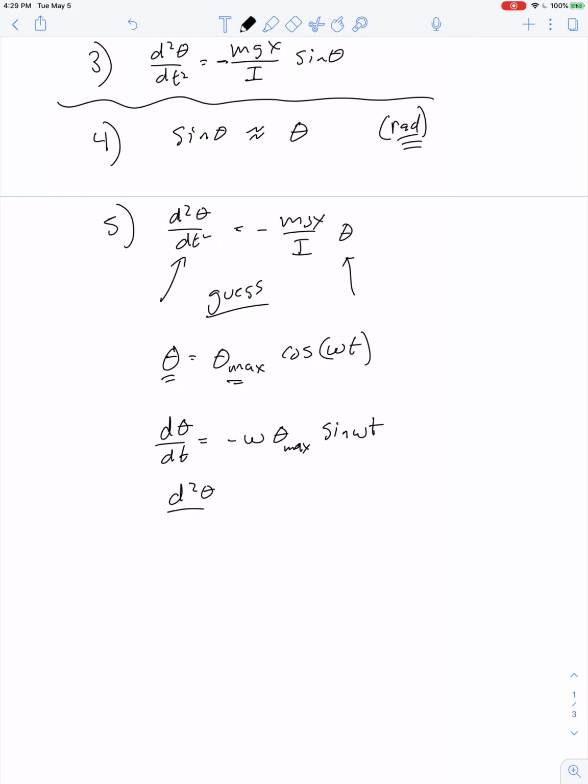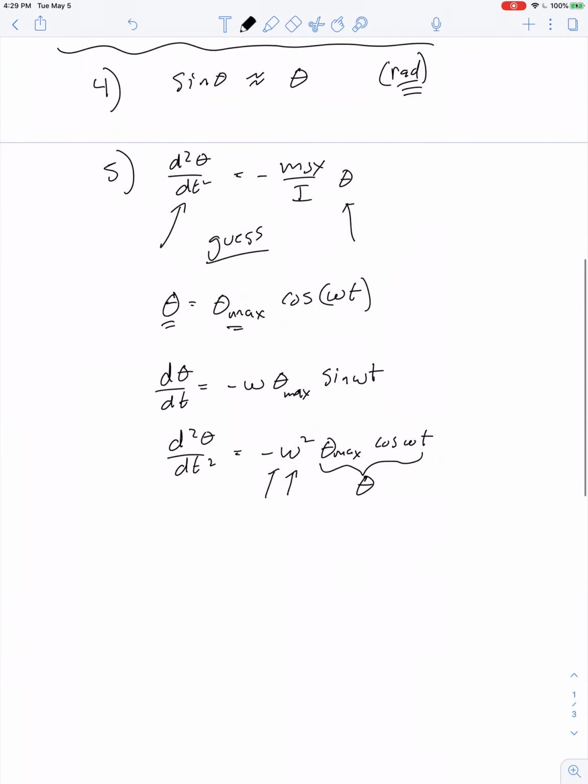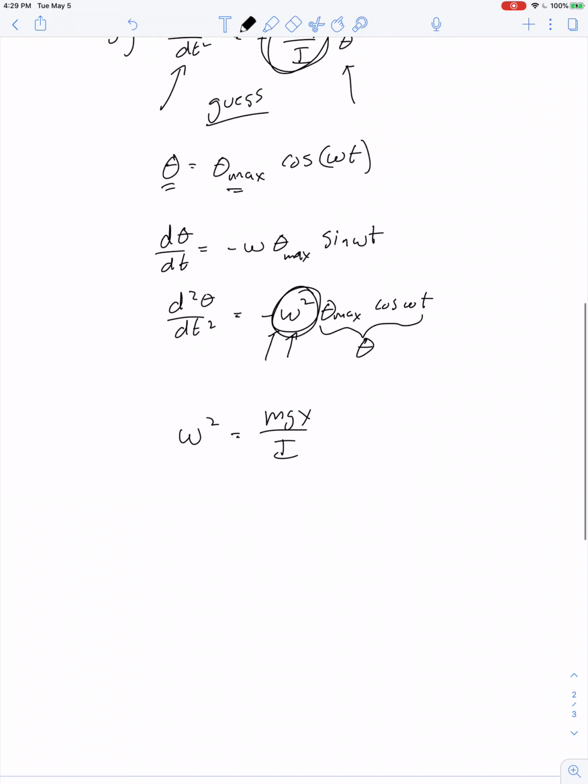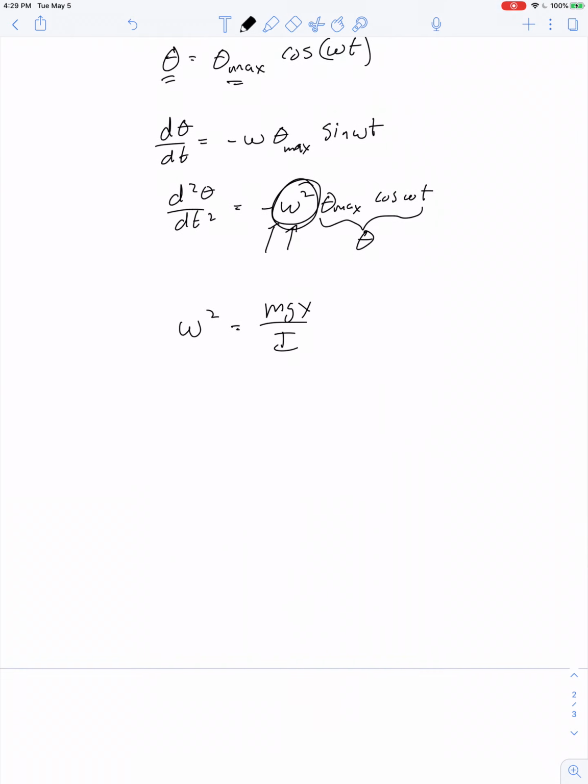And then the second derivative gives us negative omega squared theta max cosine omega t. So there it is. We've got a negative constant times our original function theta. So this all works out provided that omega squared and mgx over I are one and the same. So from that, we can determine that I must be equal to mgx divided by omega squared.